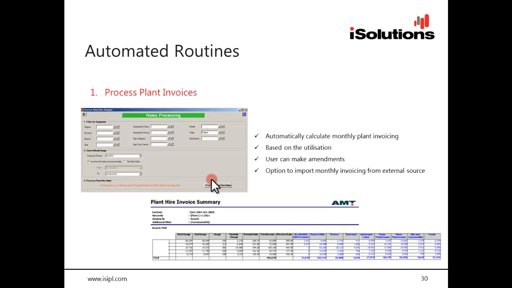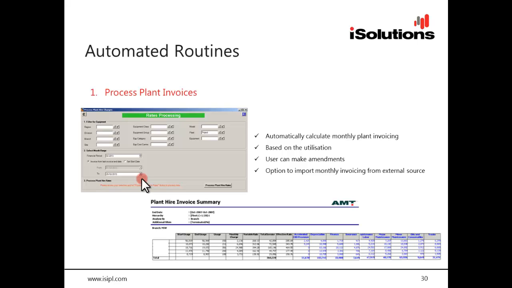So in AMT, you can set up your plant rates for a project, and we saw a screenshot of that right at the beginning, where you might have a plant rate of $100 an hour being made up of depreciation and finance and maintenance, etc. But on a monthly basis, AMT can calculate what the invoicing should be for each asset, for each project, because in a month it could actually be assigned to multiple projects.